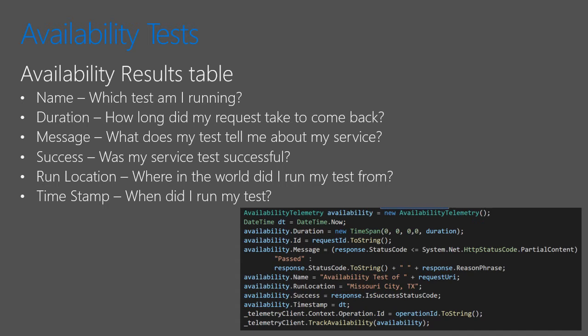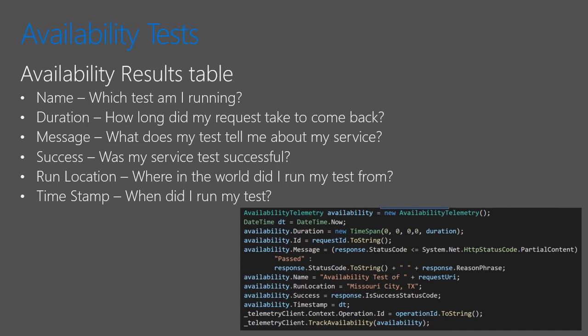I would suggest adding that to the message with any sort of exception message or reason. If you get a 404, service unavailable, or 500 internal server error, whatever it may be, including that can help us when we have to start troubleshooting our availability test.